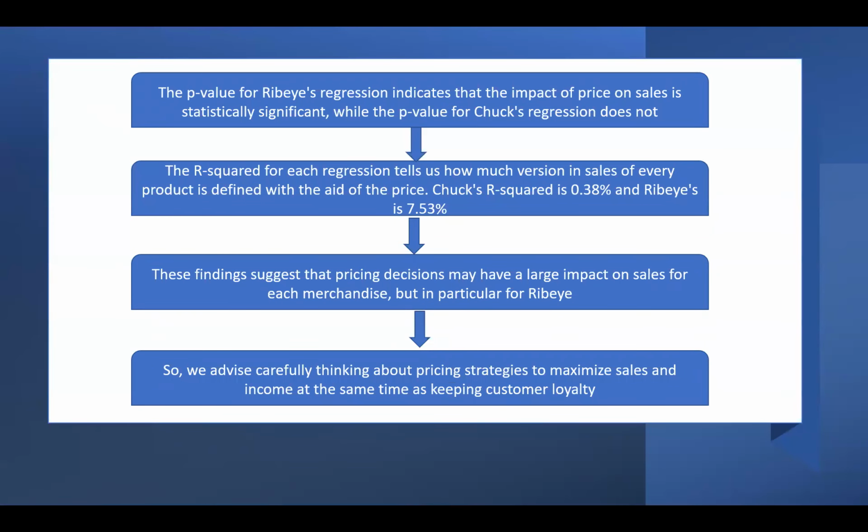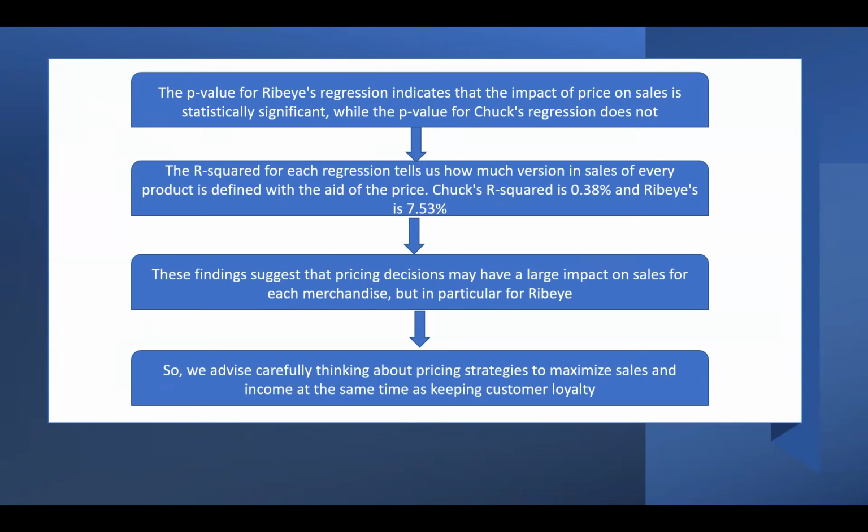The p-value for the ribeye regression indicates that the impact of price on sales is statistically significant, but for chuck it is not. The R square shows the variation for both products. The R square value for chuck is 0.38 and the R square value for ribeye is 7.53.